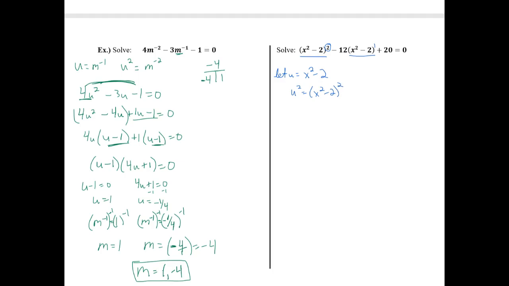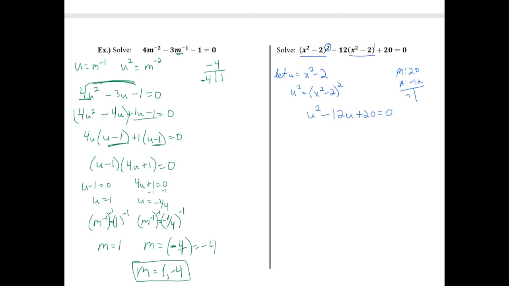So now we can substitute it in, replacing x squared minus 2, that quantity squared, with u squared, and the coefficient stays the same, and replacing x squared minus 2 with u. Now I have a quadratic function. I'm looking for factors that will multiply to 20 and add to negative 12.